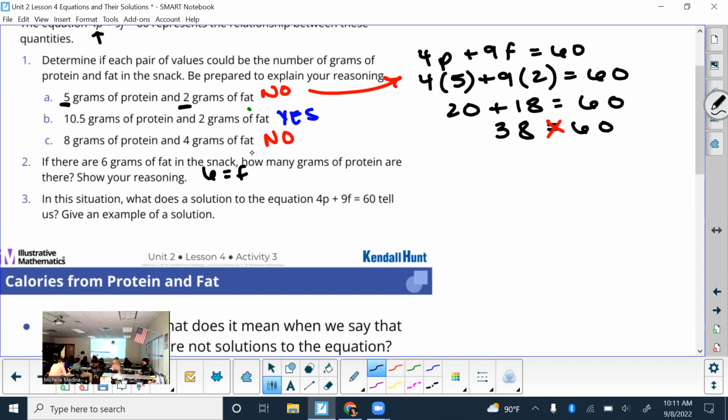How many grams of protein are there? So what are we solving for? Which is represented by what letter? P. So the P should still be a P because that's our unknown. The F we're going to replace with a 6.